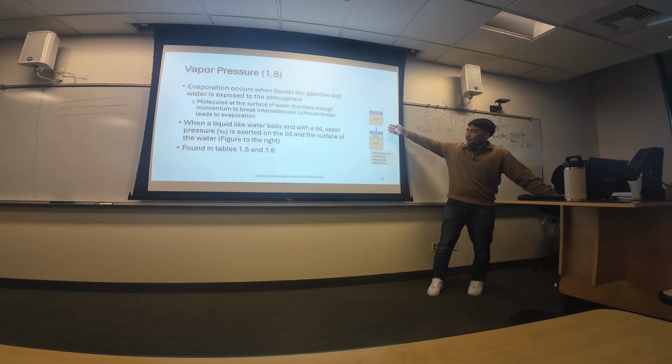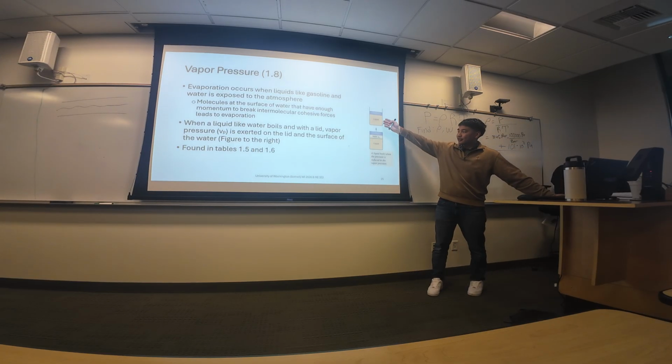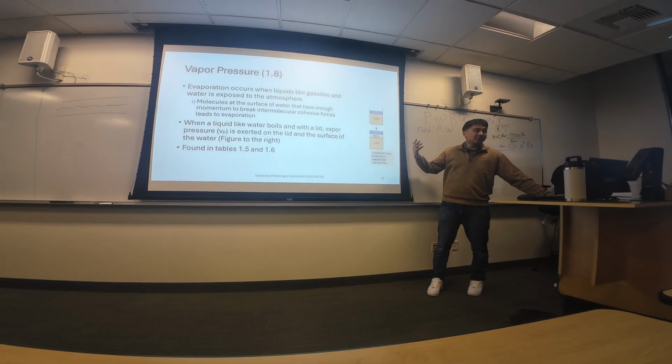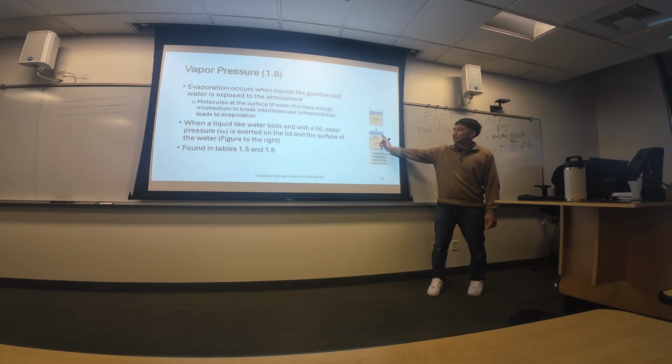So this is pretty simple, right? It's just a liquid and you have a cap here. So if you have a liquid that starts to boil, right, you get vapor, water vapor. I think in thermo they call it liquefaction, right to the point of when you're boiling your water, it's going to turn into gas. So once you get this water vapor, your pressure for this is going to start exerting upwards, right?